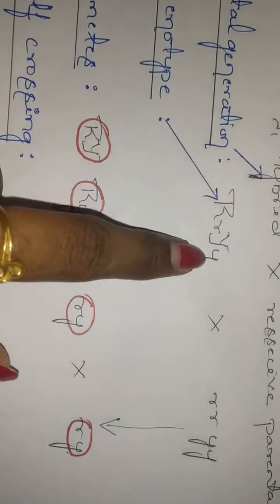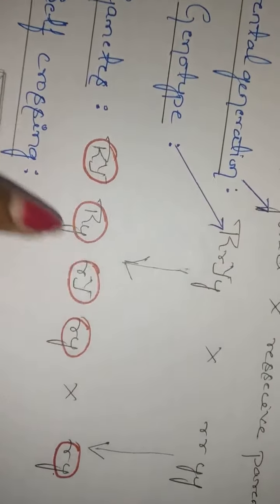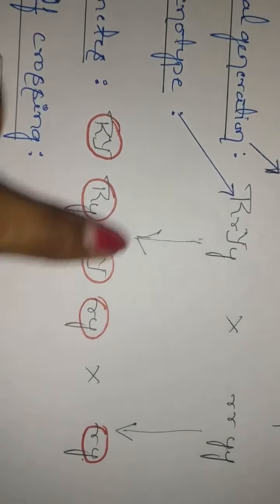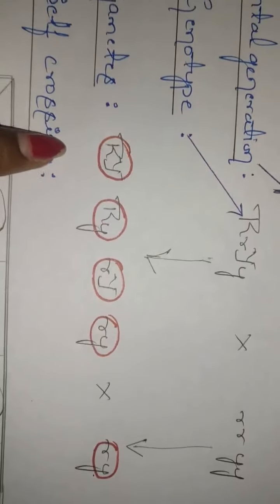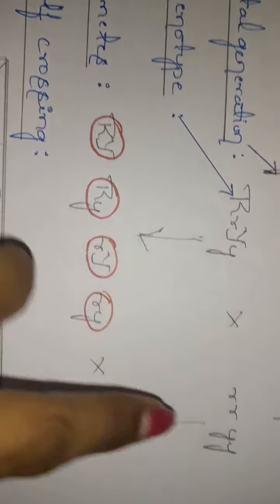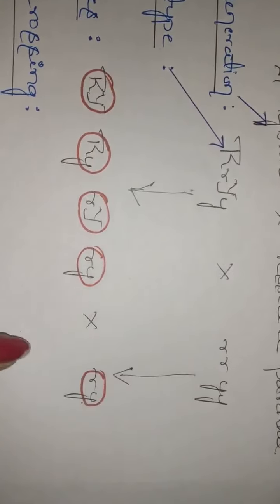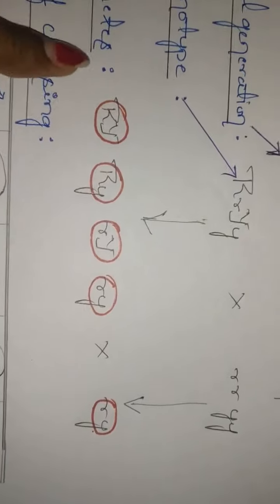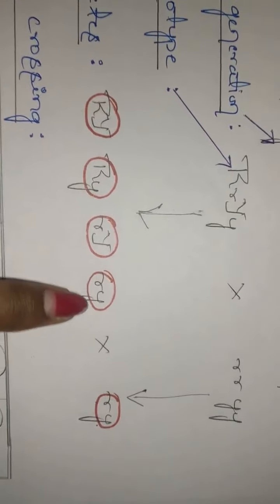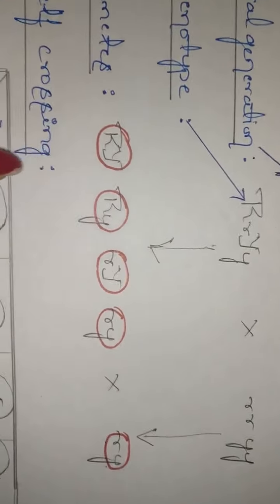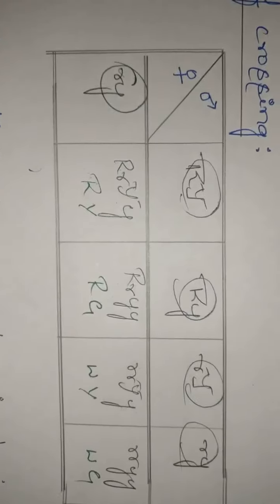From this genotype we get four different gametes. The homozygous recessive parent gives only a single gamete, which crosses with all four gametes. That is the result we got here.